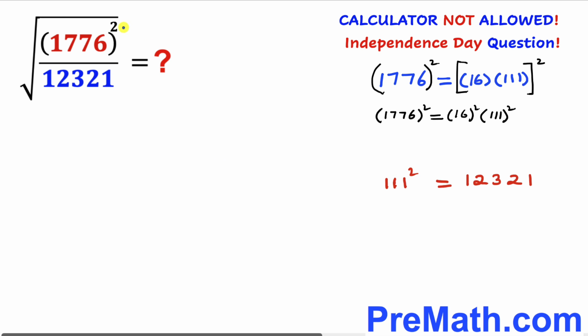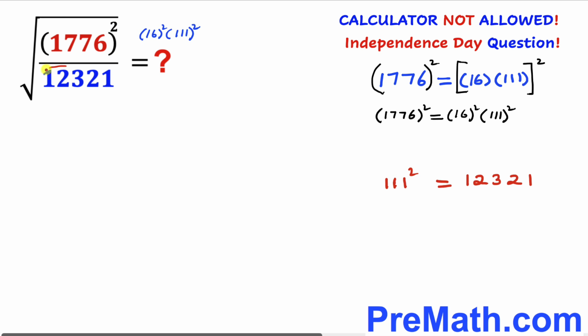In the numerator we got 1776 whole squared, so I'm going to replace this numerator part with 16 square times 111 whole square.